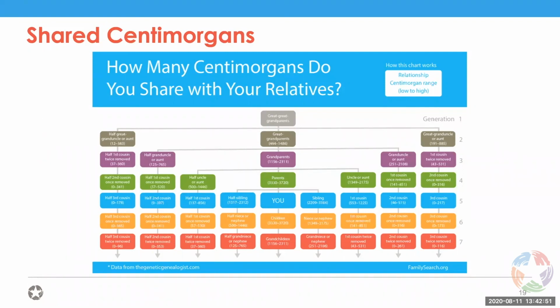So if you were to test with Ancestry, you might get greater matches because they have a larger pool of people who have submitted their DNA samples. That's something to consider if you are deciding on which company you'd like to go with.